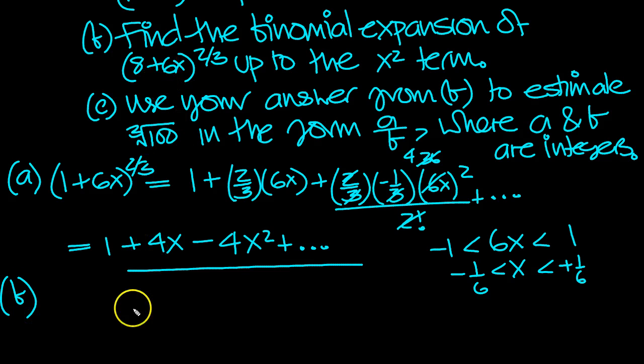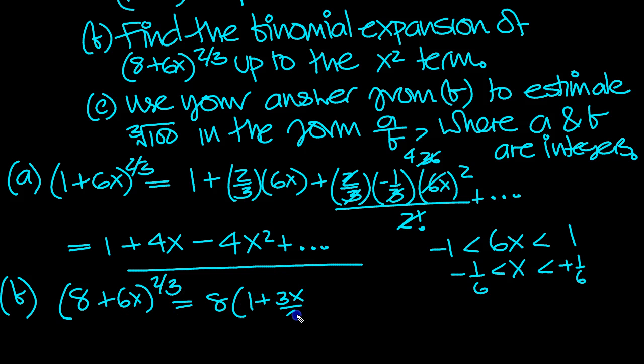Okay, this (8 + 6x)^(2/3) is equal to 8, take an 8 outside the bracket, 1 plus 6 over 8 is 3/4, so we can write that down straight away. So that's all to the 2/3. Okay, so all we did there was take out an 8 as common.